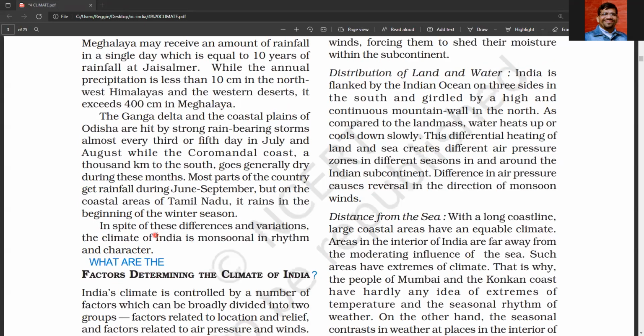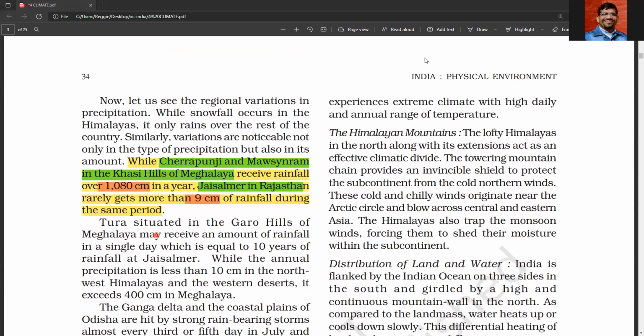So with this we come to the next important topic, the Himalayan mountains. The Himalayas are a very effective climatic divide. North of the Himalaya it is very cold.